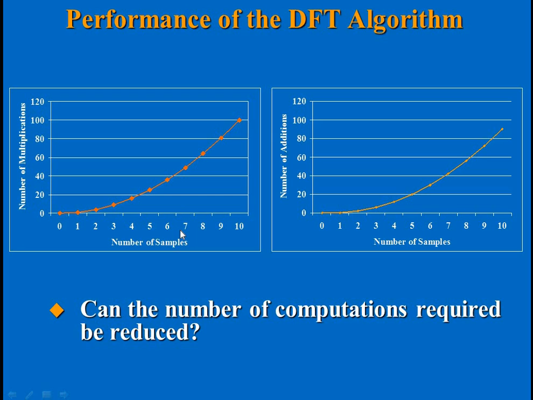Yes, we can reduce them. For this, scientists arrived at an algorithm called the fast Fourier transform algorithm. It was designed and discovered by Cooley and Tukey. Both scientists found that algorithm, which is a faster version of the DFT algorithm.